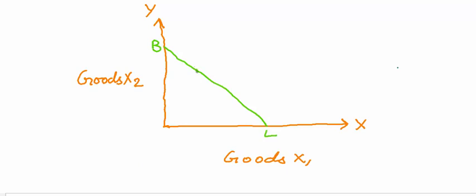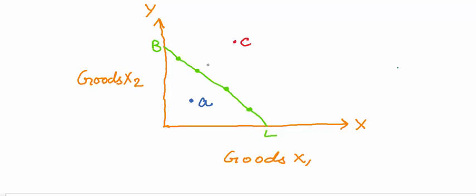Any point lying on the budget line will completely exhaust the income of the consumer, whereas any point lying inside the budget line will utilize partial income of the consumer. And in the last case, the points which are out of reach of the consumer, or not affordable by the consumer, will lie beyond the budget line.